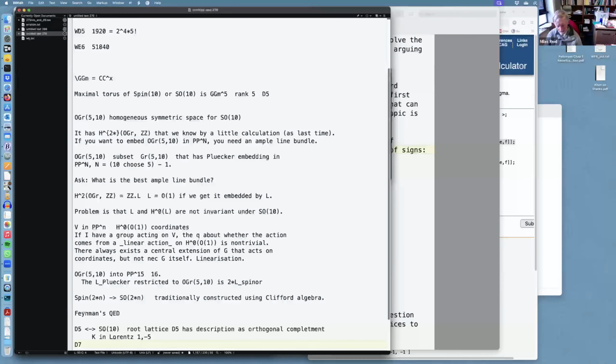D7 is similar, that corresponds to SO14. And exactly the same. Well, it's not exactly the same.